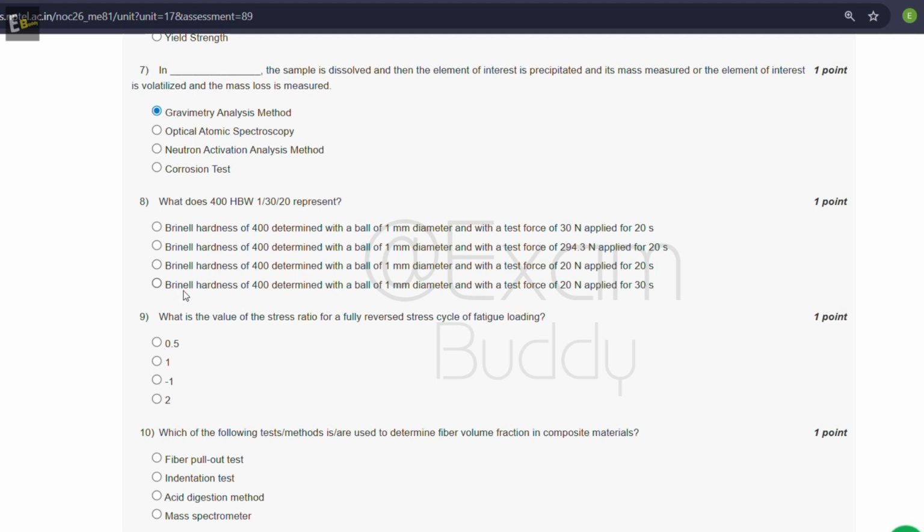Option D, Brinell hardness of 400 determined with a ball of 1 mm diameter and with a test force of 20 newton applied for 30 seconds. And the answer is option B, Brinell hardness of 400 determined with a ball of 1 mm diameter and with a test force of 294.3 newton applied for 20 seconds.